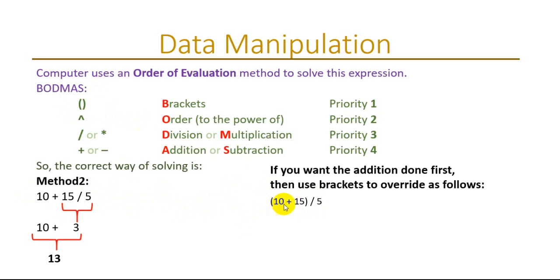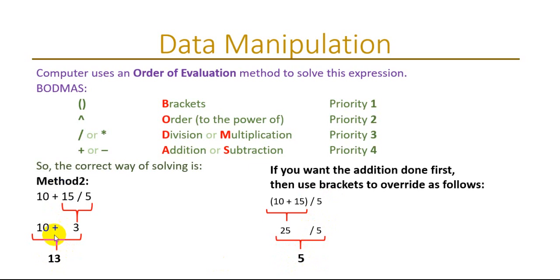So you can always override the normal way of calculation by using brackets. Wherever you are not sure, make sure you use the bracket and tell the system, this has to be done first. In this case, we are telling it to do the 10 plus 15 first and then divide by 5. So you do this first, come up with 25, 10 plus 15 is 25, and divide by 5, and the result will be 5.